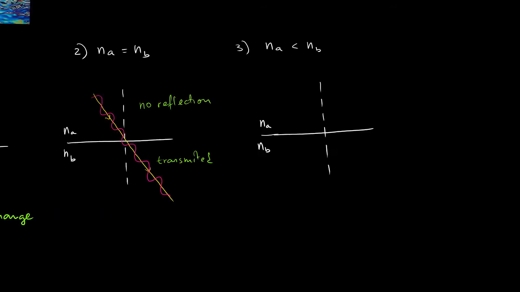Finally, the next case: the light is incident, and then some of it reflects and some of it transmits, and we know that the reflected ray here undergoes a phase change because NA is less than NB.